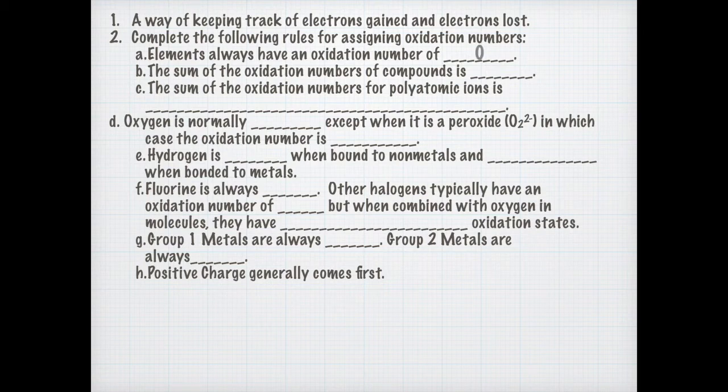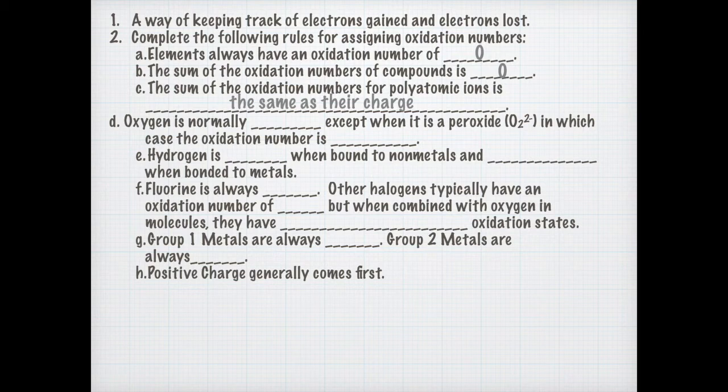The sum of all the oxidation numbers of compounds, if you think about the charge of an entire compound, is also 0. And the sum of the oxidation numbers for polyatomic ions is going to be the same as their charge. So for example, NO3, the sum of all the oxidation numbers for nitrogen and oxygen in there is going to be -1.